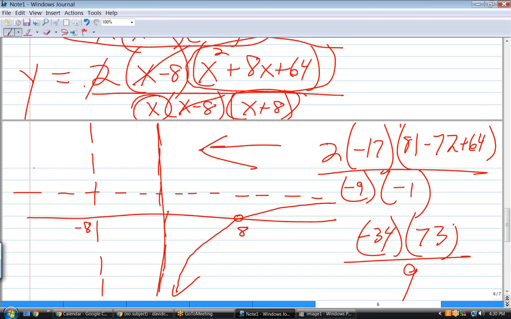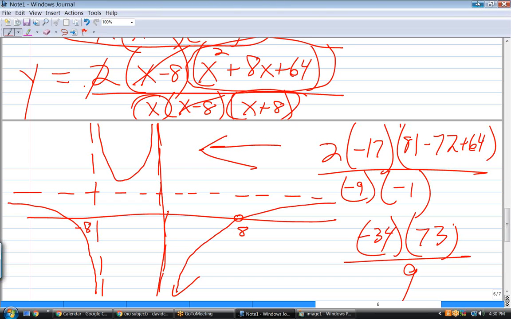Which means it's not in that quadrant. The only other quadrant it could be in is here, which leads me to believe that the curve is going to look like this, and I've made a math error somewhere.